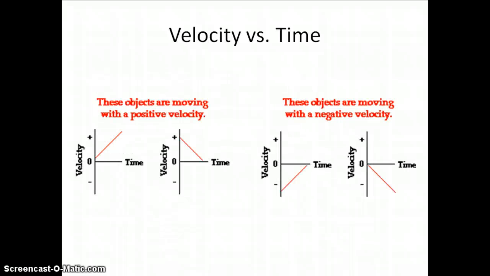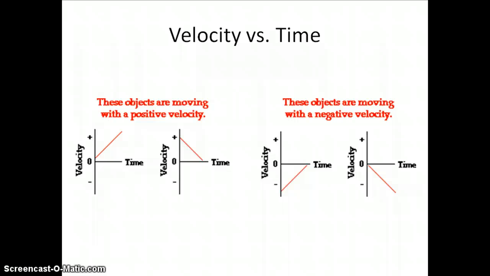So let's talk about velocity and acceleration. Now, when you're reading a velocity and time graph, not to state the obvious, but if it's above 0, then you have something positive. So anything above 0, you're going to have a positive velocity, no matter what the slope looks like, if it's a positive slope or a negative slope. In this case, the slope, what do you think it represents?